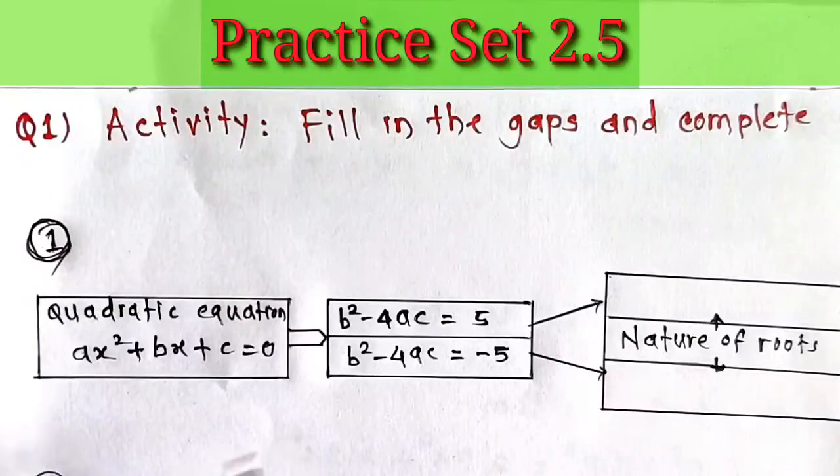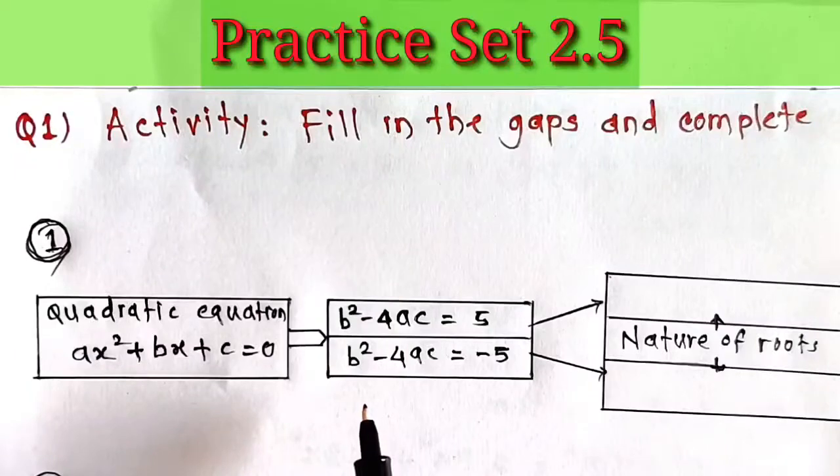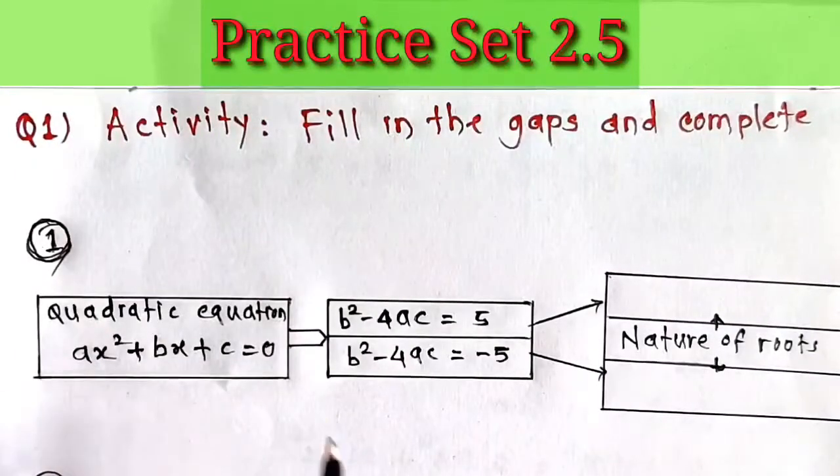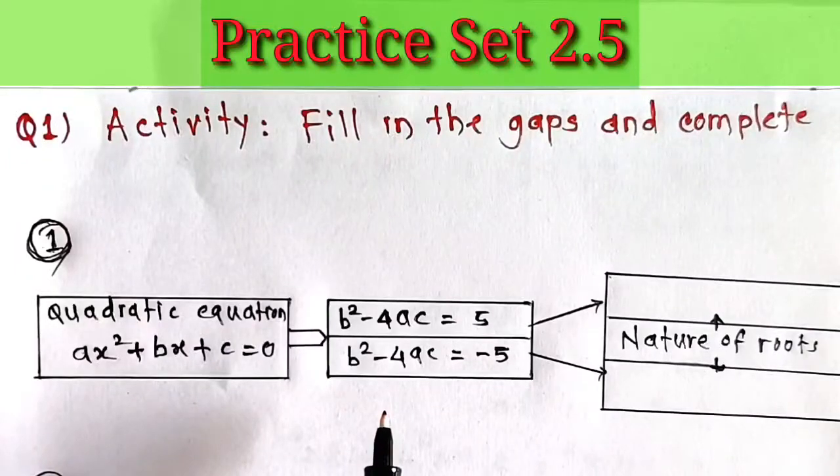First condition, if b square minus 4ac is equal to 0, then the roots of the equation are real and equal. Second, if b square minus 4ac is greater than 0, means positive, then the roots are real and unequal. And next condition, if it is less than 0, that means negative, the roots are not real.